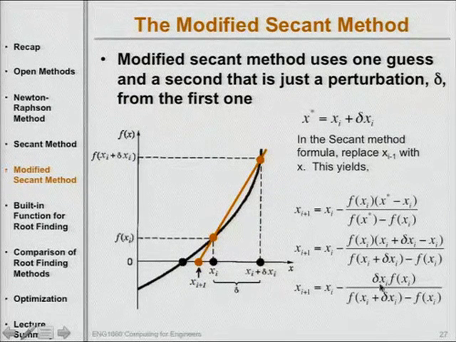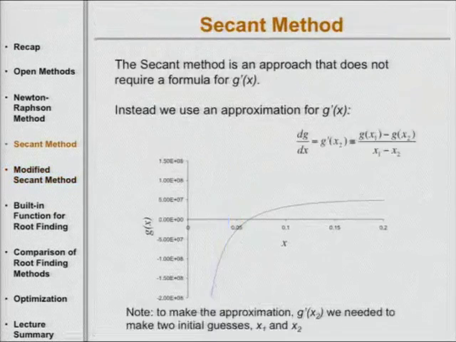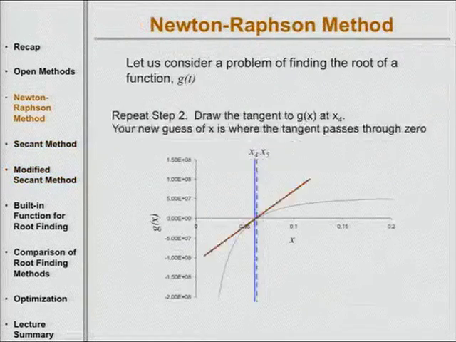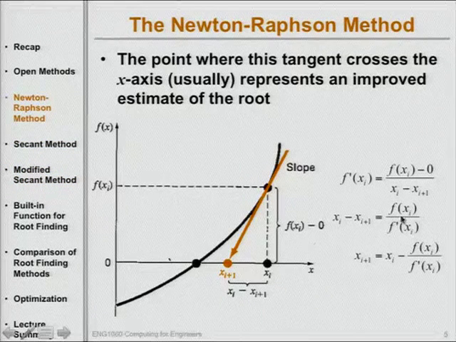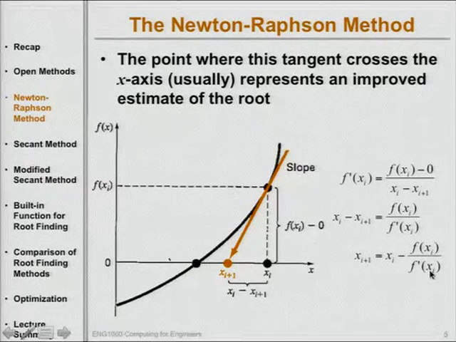So these 2 terms here and this delta x here are just like the inverse of the derivative. So if we go back to the Newton-Raphson method, that's exactly what we've got here. It's the function value divided by the derivative. So the modified secant method's the same. We're just calculating the derivative in a different way. We're using what's known as finite differences.